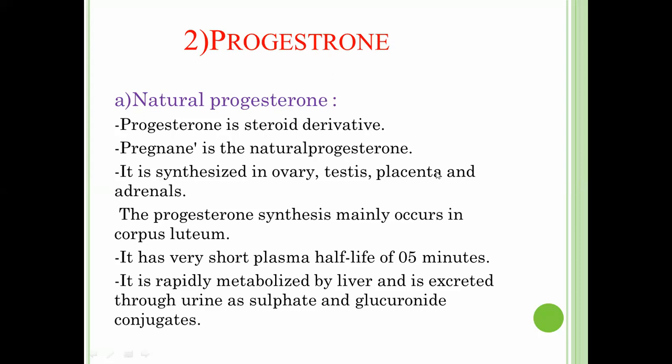So the main site of progesterone synthesis in the female during pregnancy is the corpus luteum during the first trimester and the placenta during the second and third trimester. So this is about synthesis of natural progesterone.